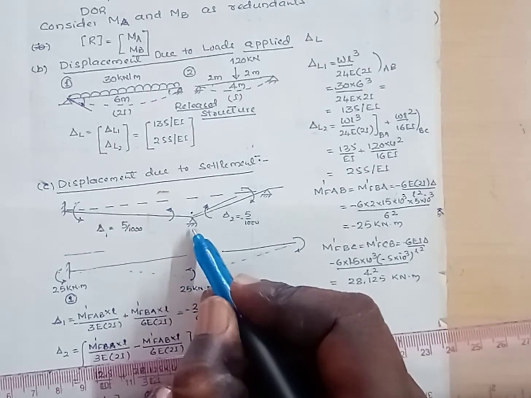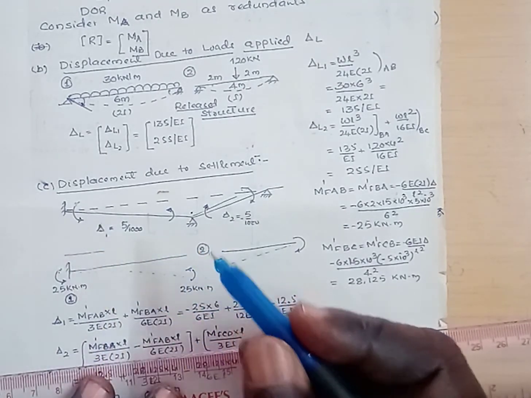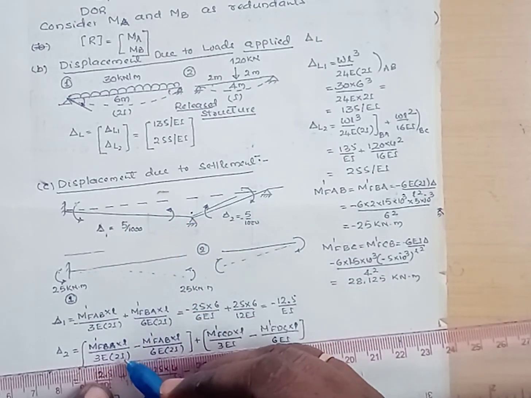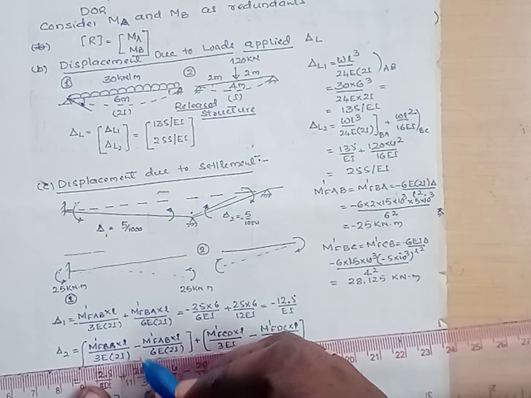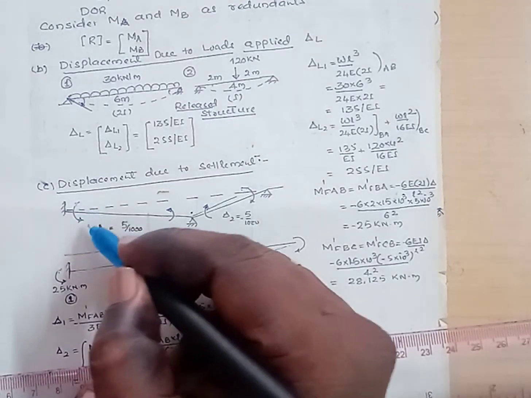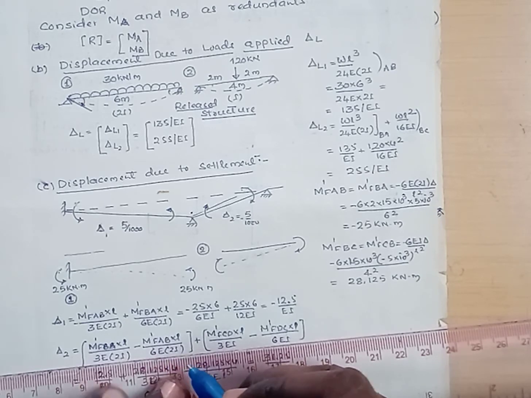Here delta 2 in span AB is, due to the sagging moment, M dash f ba into L divided by 3E, moment of inertia 2I, sagging moment, hence positive. Due to the hogging moment, M dash f ab into L divided by 6E into moment of inertia 2I.